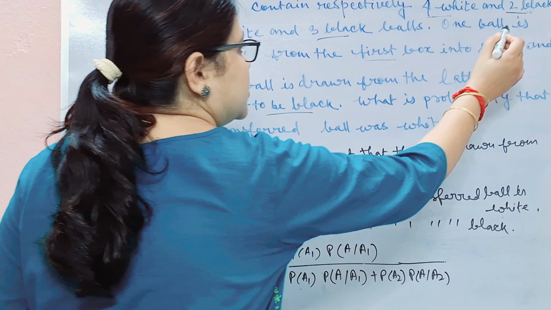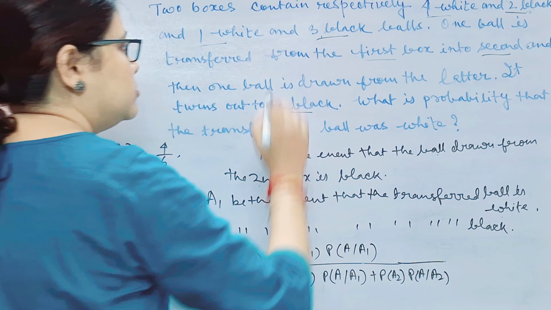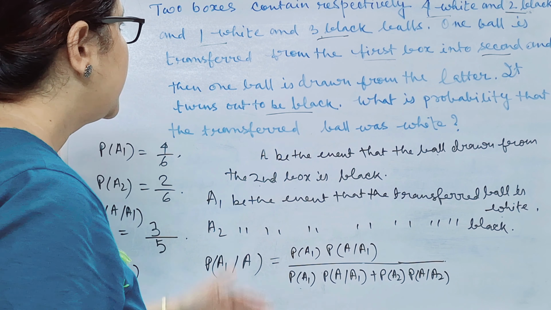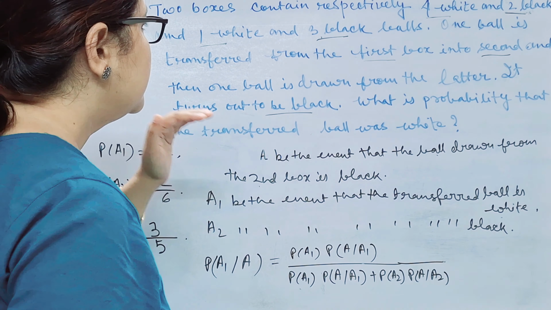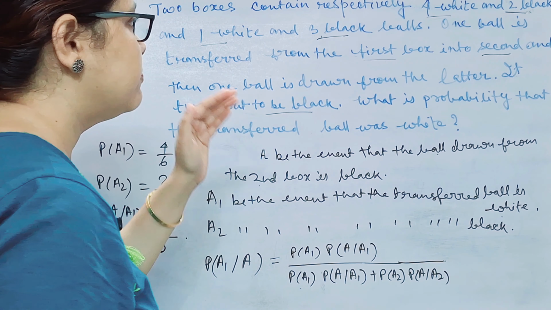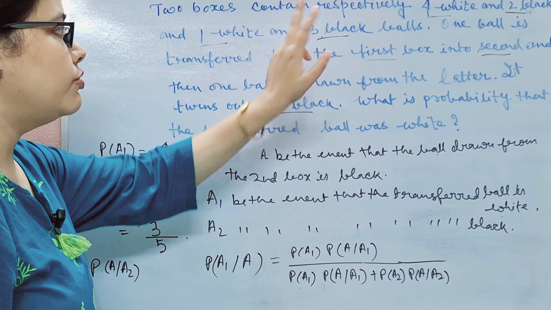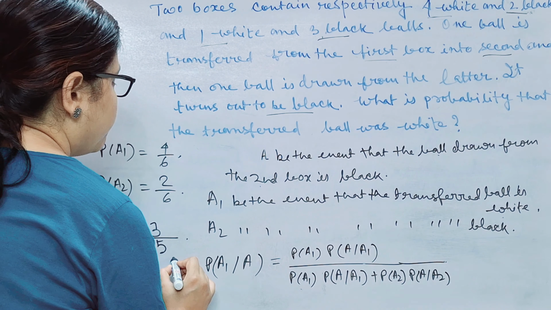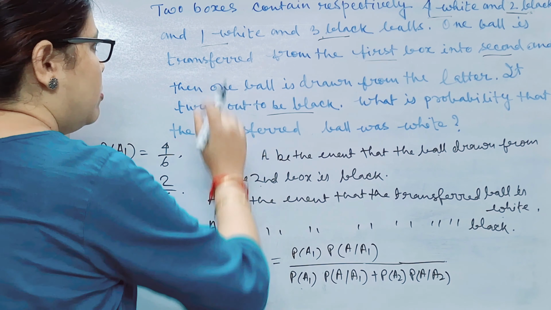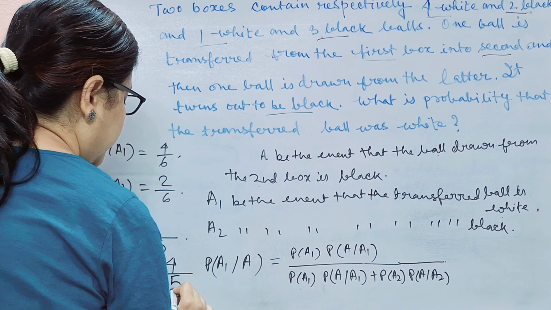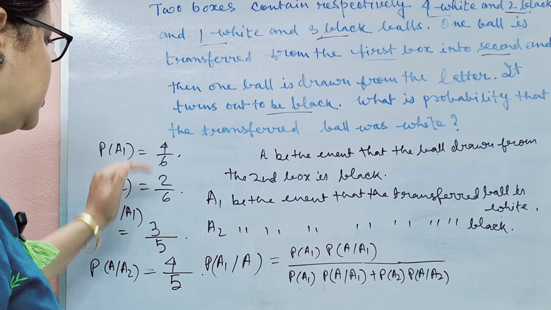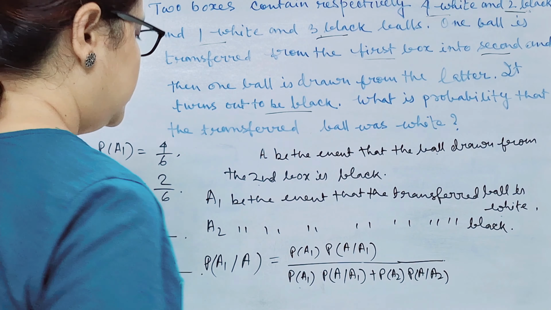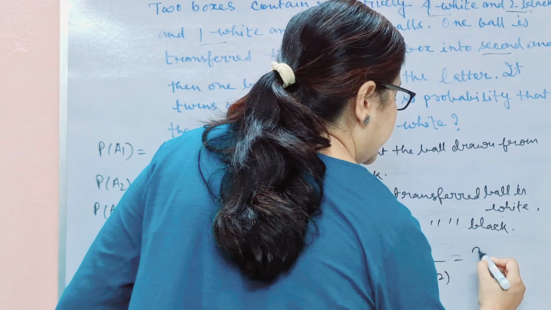So I am transferring the one black ball to the second box, that is there will be 4 black balls in the second box, and I am drawing the black ball, that is 1 black ball from the 4 black balls from the second box. So this will be 4 divided by total number of balls will be 5. So 4 divided by 5. Now you put all these values in this expression and get the result. So the result will be 3 divided by 5.